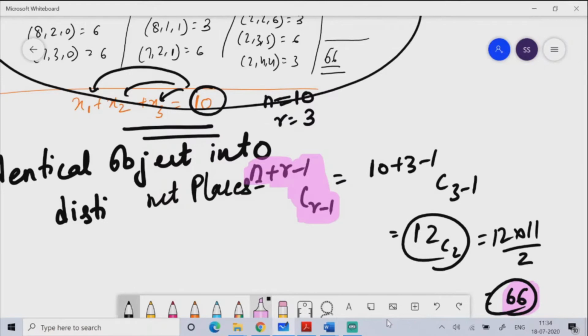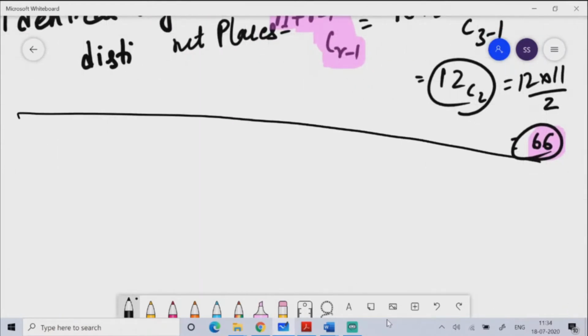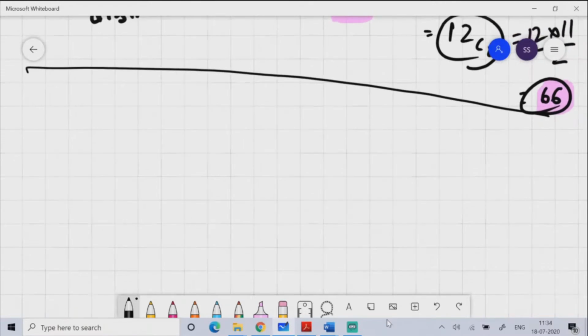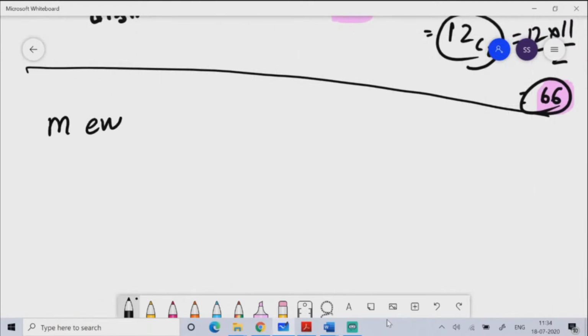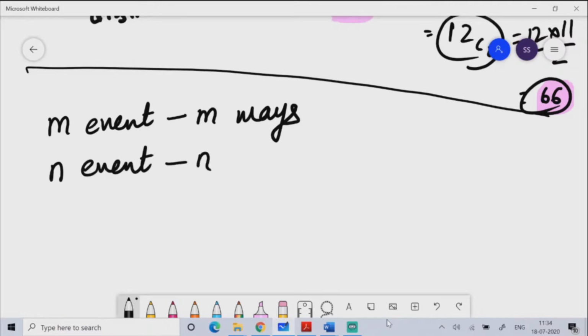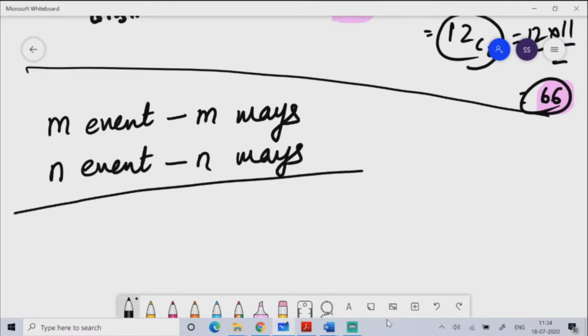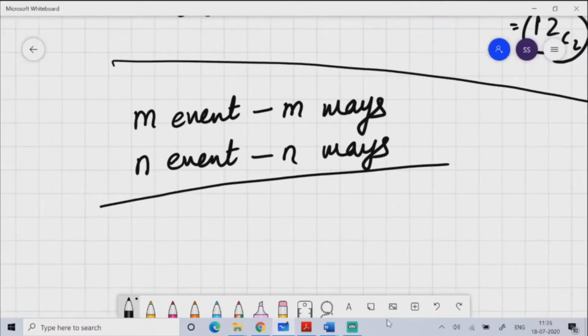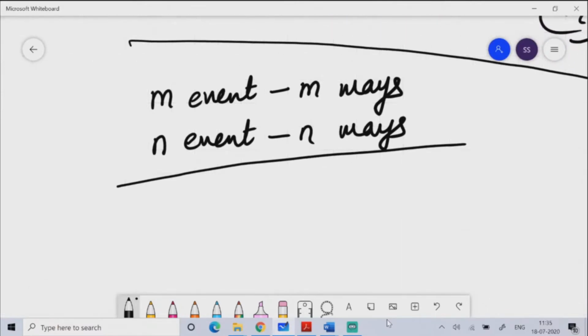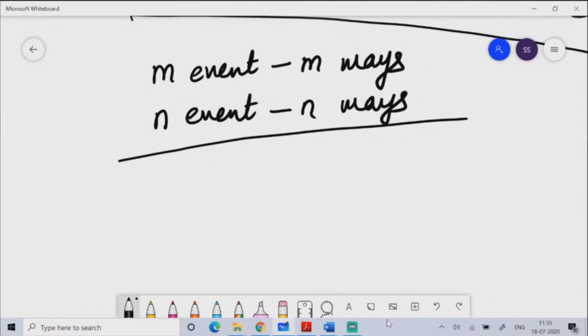So when we talk about the concept of permutation and combination, if I talk about some events, maybe there's an m event. If the m event can be done in m ways, and there's another n event that can be done in n ways, and if m and n are disjoint, disjoint set means their intersection is null.